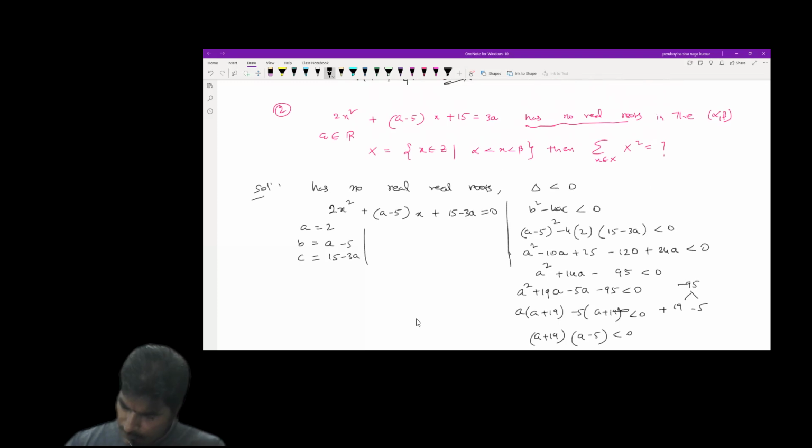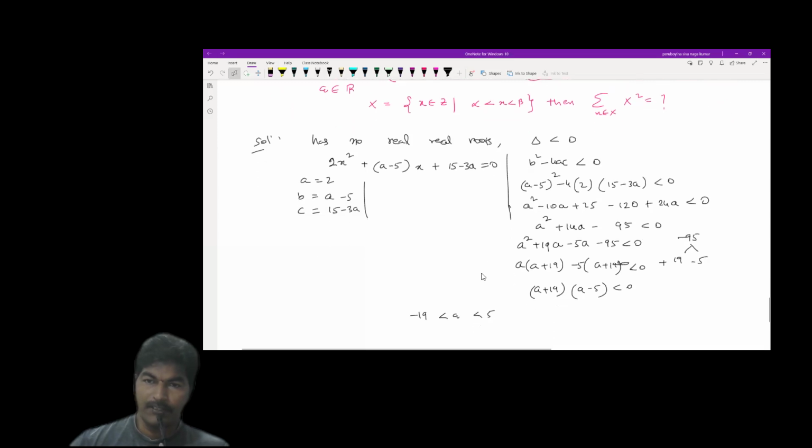Okay. And after that, what will we do? The a value, minus 19 comma 5, lies in the interval he is talking about, alpha and beta. x lies between alpha and beta, so you should take only integers. We have to create a set.